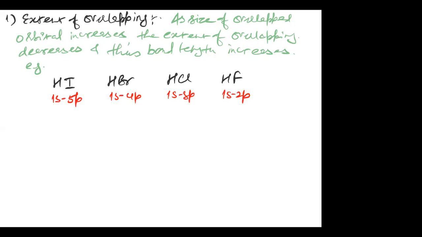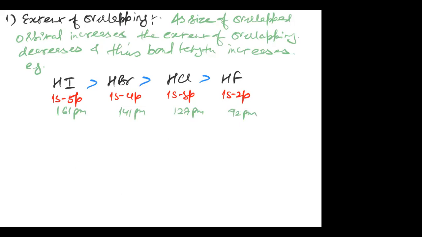HI has poor overlapping, it has a bigger sized orbital, let's say 5p, and thus as far as bond length is concerned, this should be longer than this, longer than this. And if you see their exact values related to bond length, this bond length is found to be 161 picometer, it is 141 picometer, it is 127 picometer, and it is found to be 92 picometer.